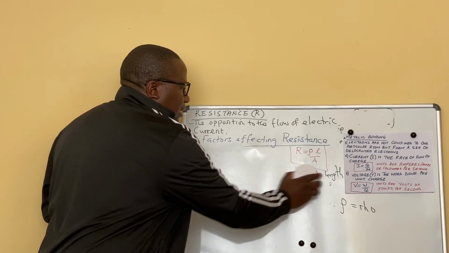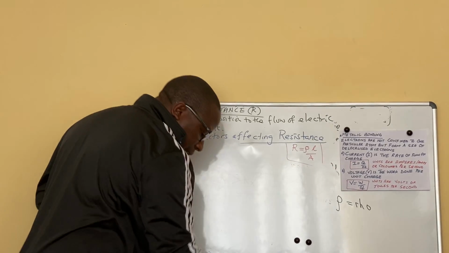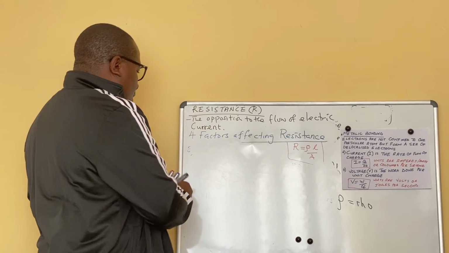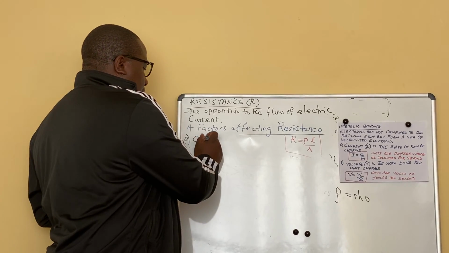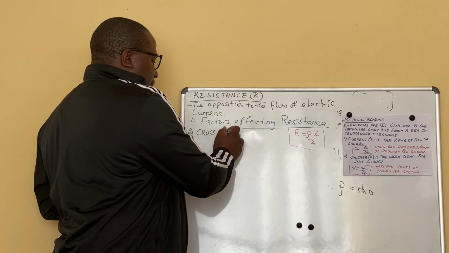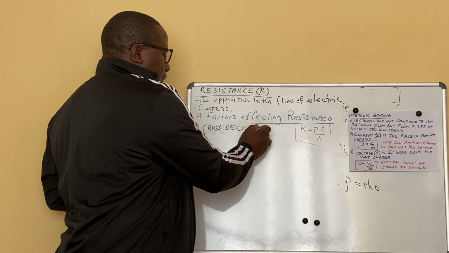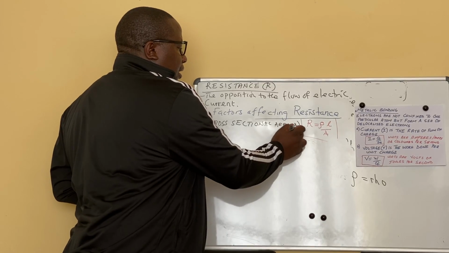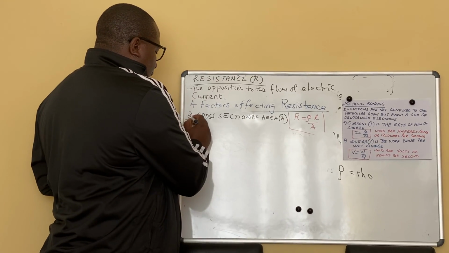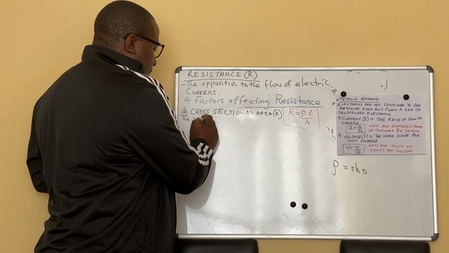Then the second factor is cross-sectional area. Factor number 2 is called cross-sectional area, A. Let us write what is happening there.